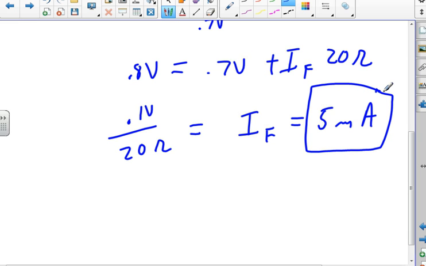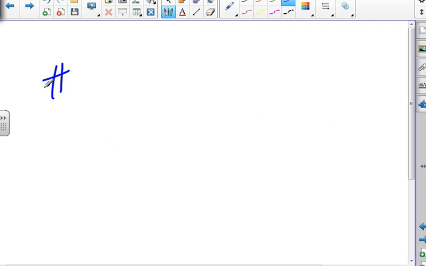28. Refer to figure 1749, which is a page away. A circuit has an average forward current of 3.6 amps and a 170 volt peak source. Which diode has the minimum acceptable ratings for the circuit? Okay, number 28.